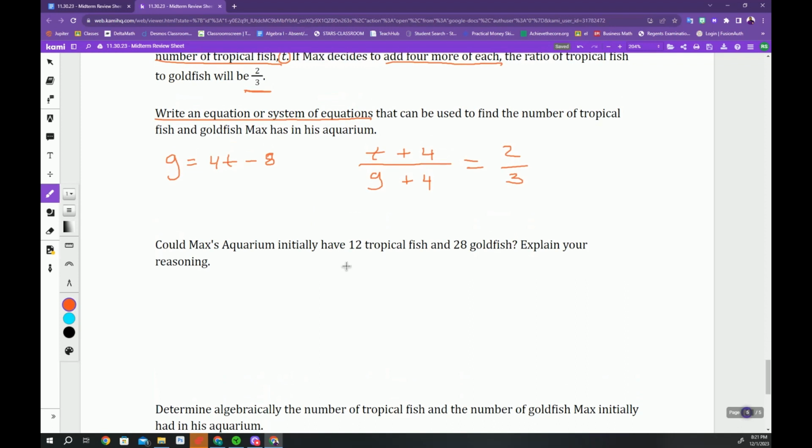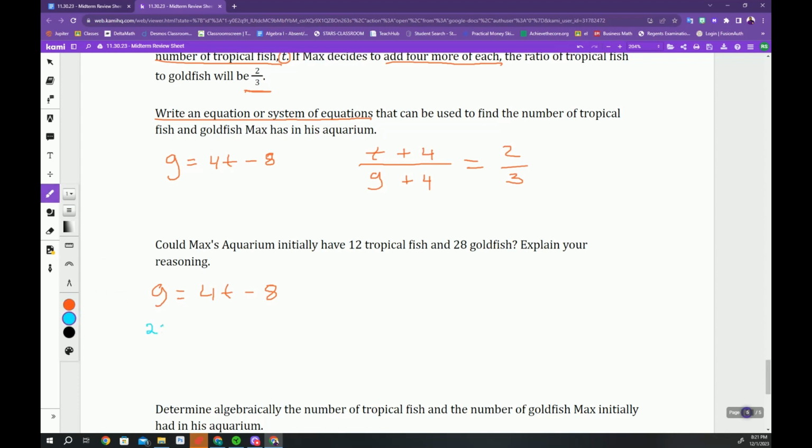Okay, could Max's aquarium initially have 12 tropical fish and 28 goldfish? Explain your reasoning. Now, in order for this to work, it has to work for both equations. So let's try one and let's see what happens. G equals 4T minus 8. We're saying the number of tropical fish is 12, so T should be 12, and goldfish is 28, so G should be 28.